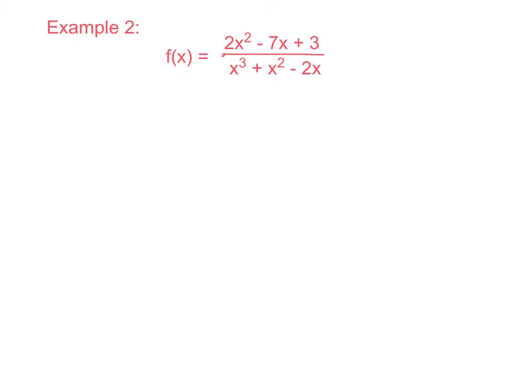All right, and let's say we were asked to first find the domain and then to find the zeros of this function. In either case, however, what we want to do is factor out the numerator and the denominator and see what we end up with. So if we factor the numerator, let's see what we get.